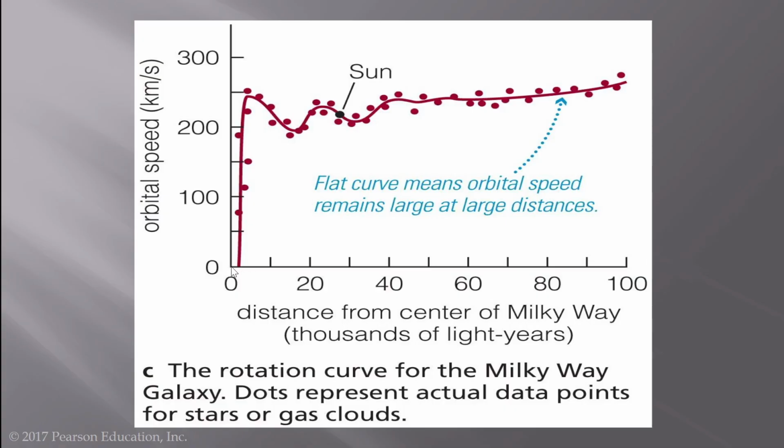So, as you're considering concentric radii from the center, we're accruing a lot of stars. And we think that you get to a billion, maybe up to 10 billion solar masses within the first few thousand light years.